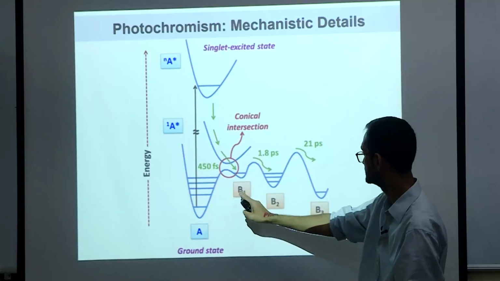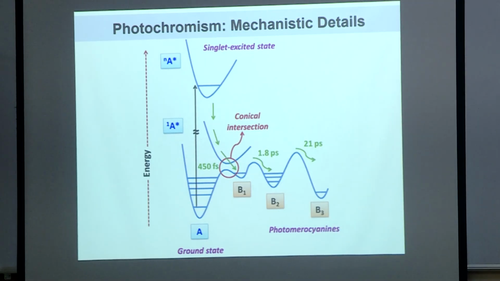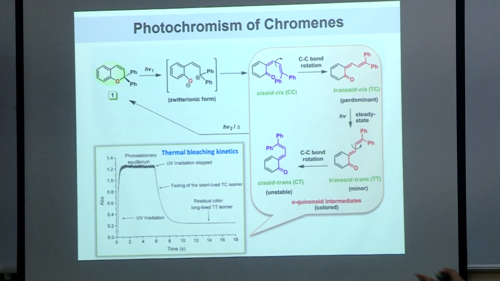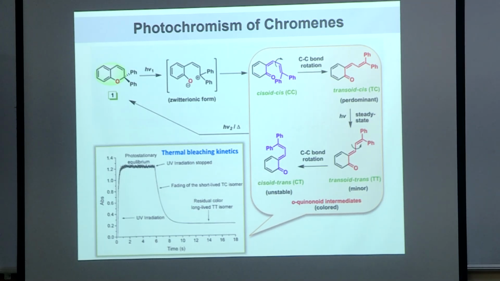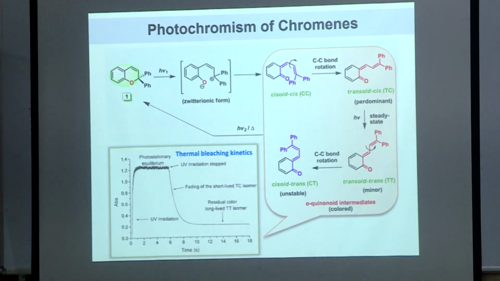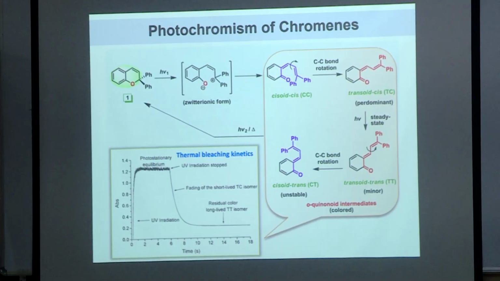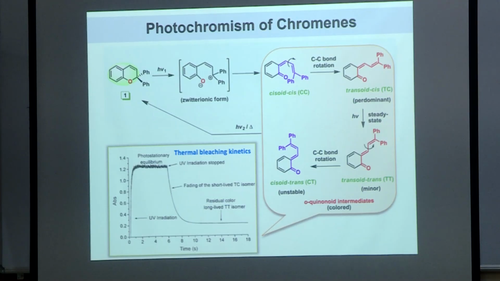You will populate the isomers we saw, B1, B2, B3. What are those isomers? Those are the isomers you can have in solution. If you start with the pyran, you can get isomer 1, which is called schizoid cis. This schizoid cis can transform to transoid cis, which is TC, then isomerize again to transoid trans. It can also come back to schizoid cis and so on.